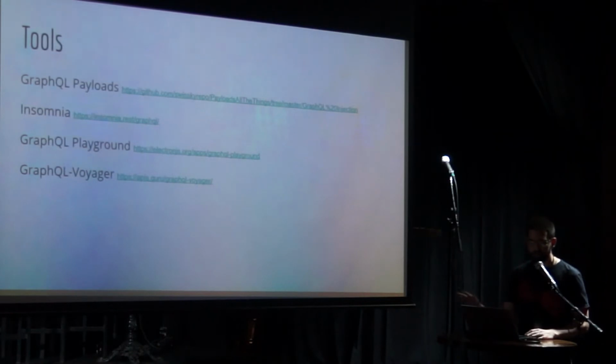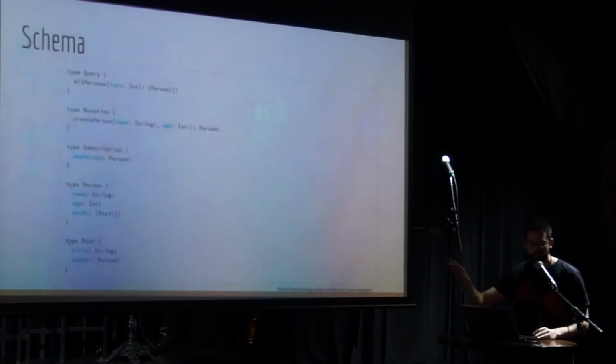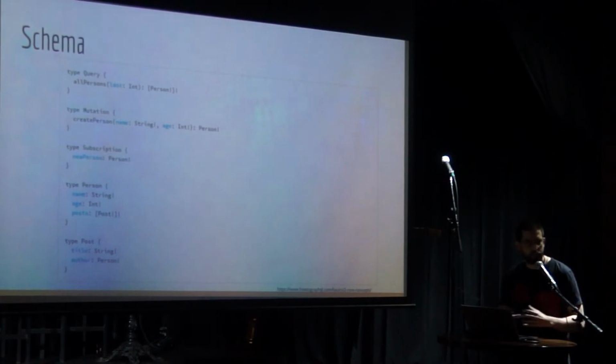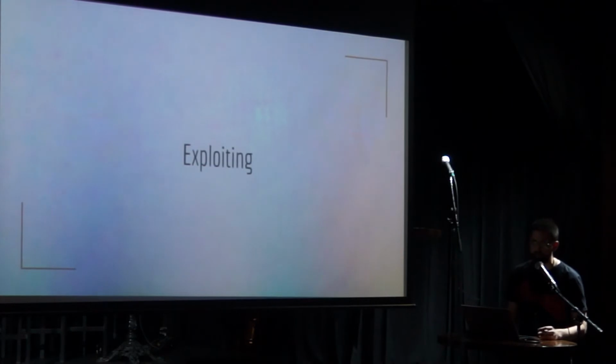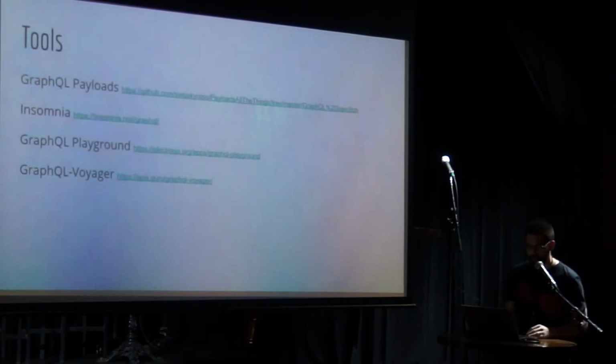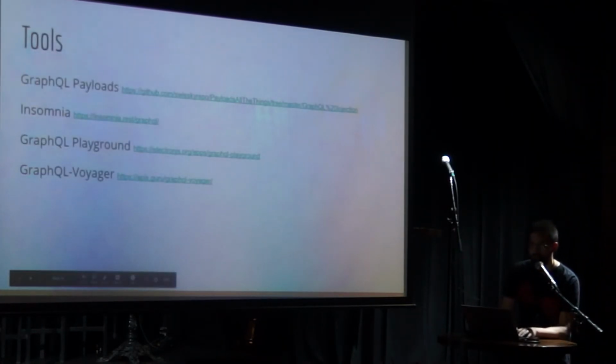I won't show it here today, but I really recommend you check it out if you're interested in this. Basically, what it does is take those schemas, like this one, and create a graph explaining how everything is connected, so you can understand a little better how the API works and what you can do with the API. So let's get to a few exploits now.